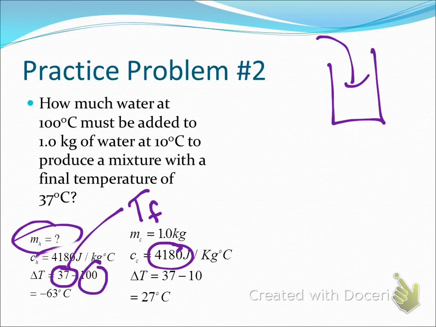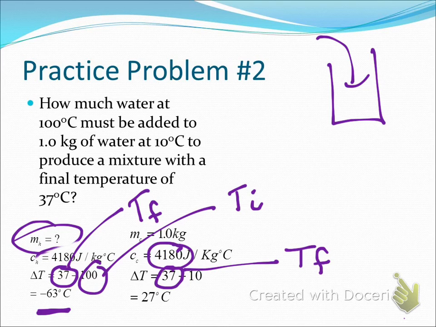Your 100 is your initial. We're pouring in boiling water, and the final temperature is going to be 37, so then it becomes negative 63 degrees. And that negative is really important because that negative tells us that energy is being transferred from the hot water. Whereas on the other side, this is our final temperature, but our initial temperature was a lot lower. So it's gaining energy, so that's why this is going to be a positive number.